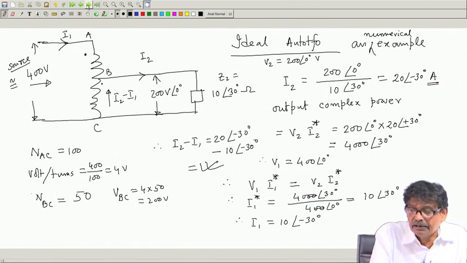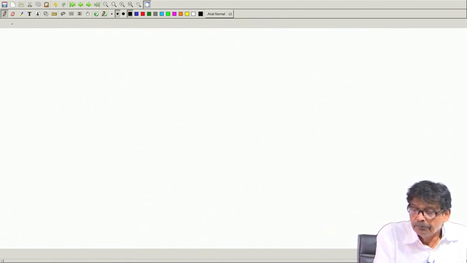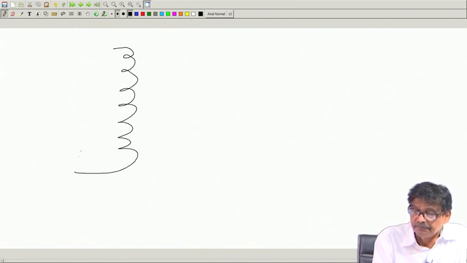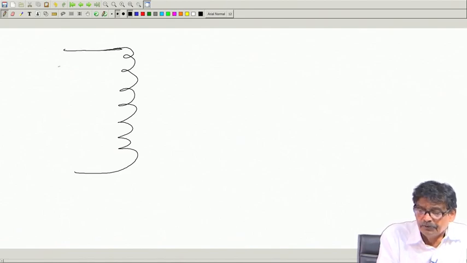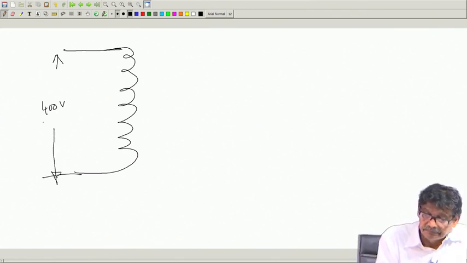Another example I will ask you to do is this one. Suppose you have the same sort of problem. Suppose here I have applied 400 volt, 50 hertz.